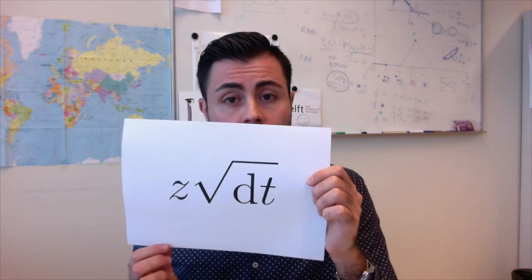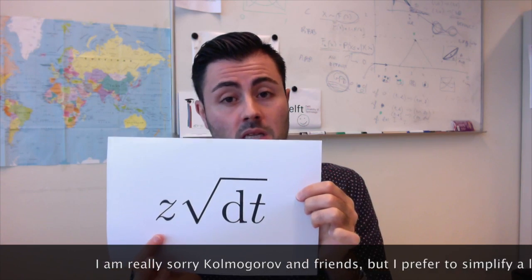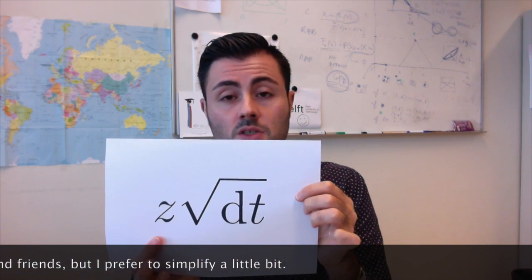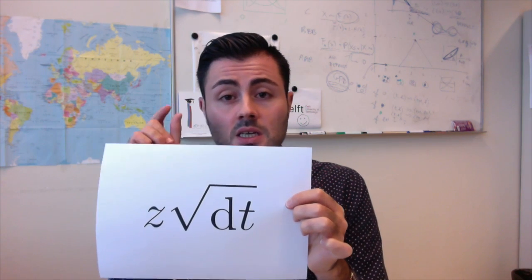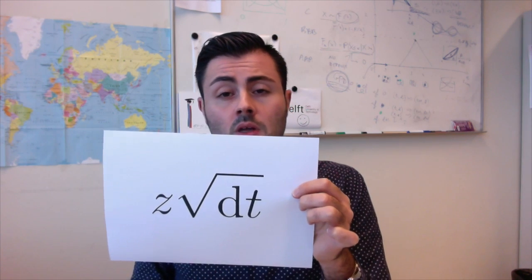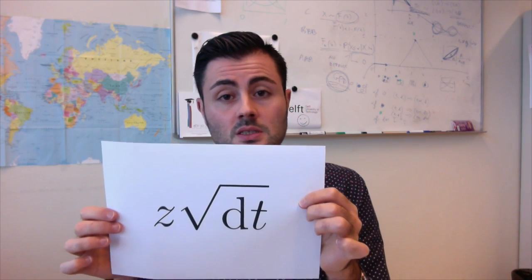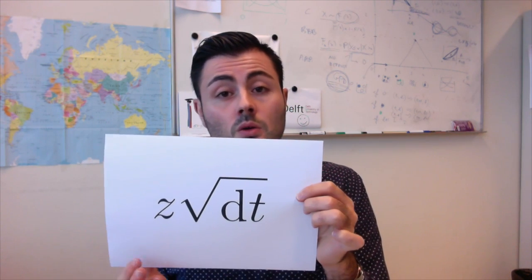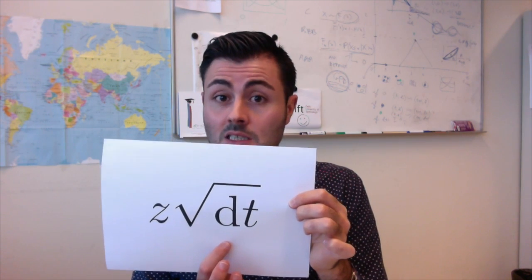And in the particular case of a Brownian motion, these random variables are normally distributed under the assumption that we can represent them in this way, where we have a standard normal Z with mean 0 and standard deviation 1 times the square root of dt, where dt is an infinitesimal time step. This construction tells us that the dWt you see in the slides is essentially a normally distributed random variable with mean 0 and variance dt.